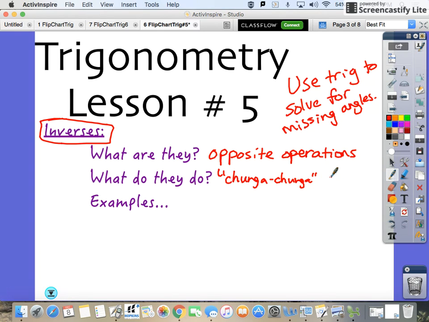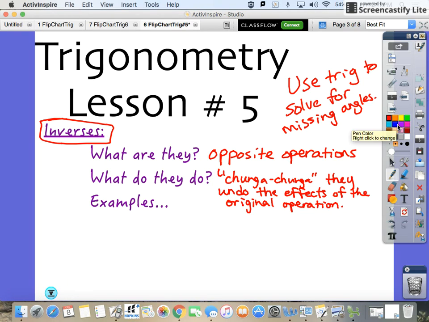The more formal way to say that is that they undo the effects of the original operation. The key here is they undo, okay?